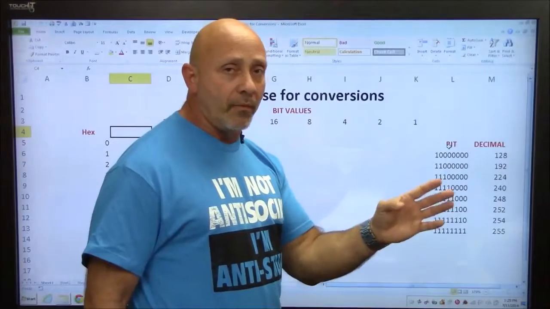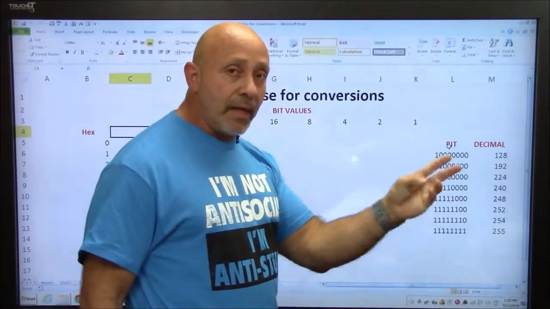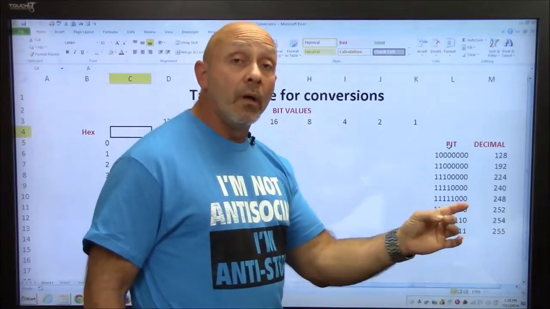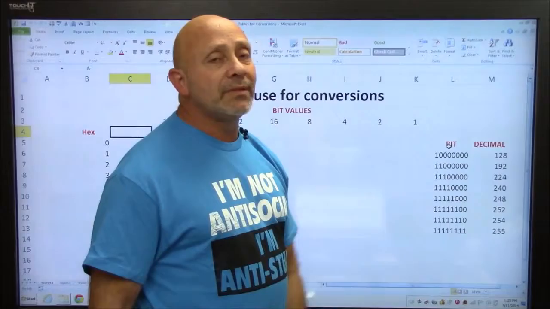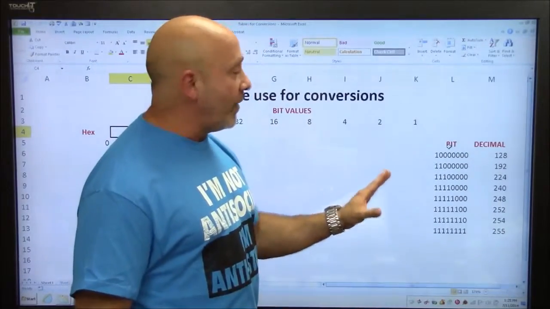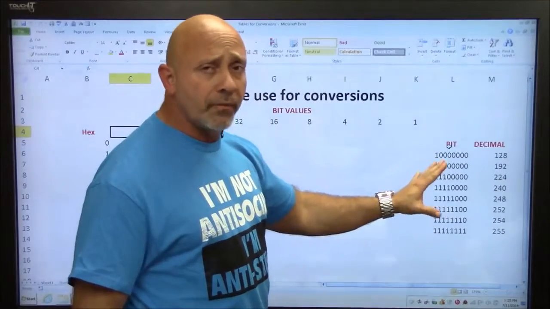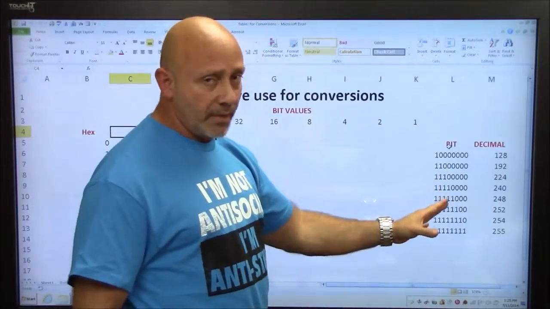If it's CIDR 20, you have 8 bits, and 8 bits is 16, plus 4 more. So 4 bits is what? 4 bits is 240. So this table is definitely going to help you not only for the conversions that we're going to do here, but also when you're turning from CIDR notation to dotted decimal or vice versa.